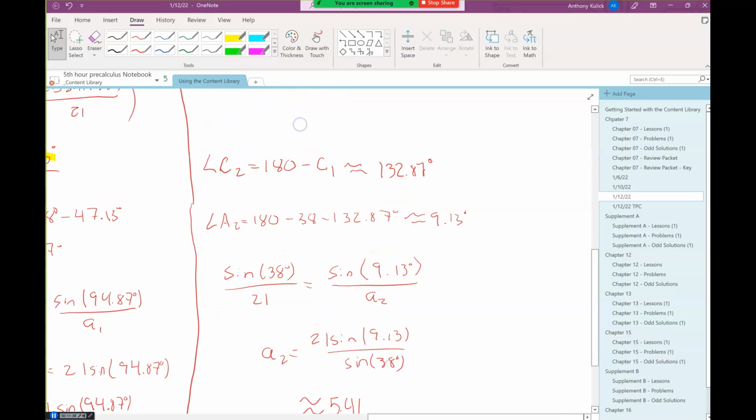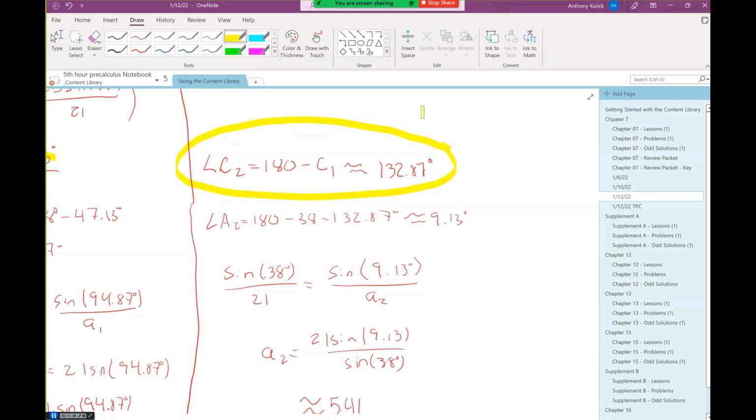Again, the biggest thing to remember is when you're dealing with the second triangle, you have to solve the pieces in the same order that you did on the first triangle. And to find that first angle, it's just a supplement of the first angle you found in the first triangle. That's the typical place students get stuck or make a mistake, is they go out of order or they forget that supplementary relationship.